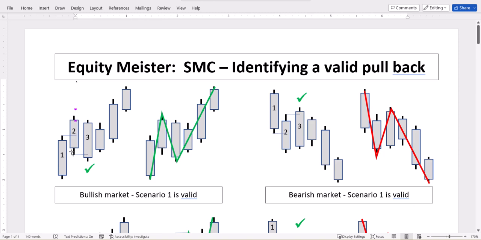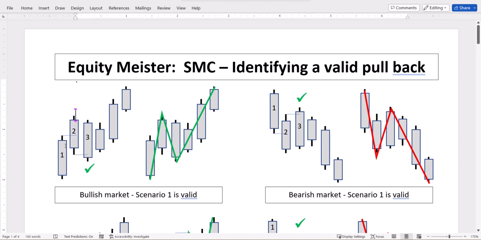Again, just a quick review. We've come up, one candle has closed above the previous candle, and then the third candle has now closed below, and it doesn't have to be a close. It can be a close or a wick below.